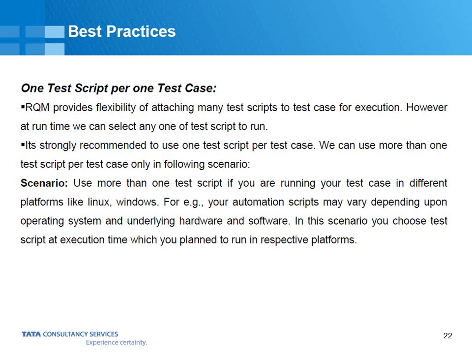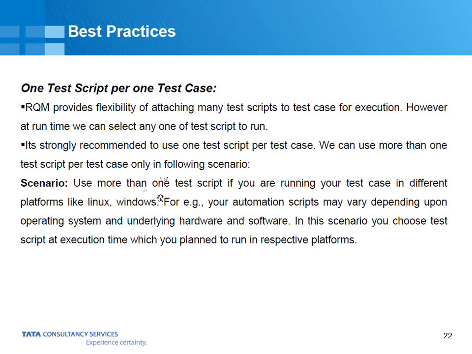One more point I would like to add here. The reason two different scripts exist is that your automation script may differ for Linux or Windows. In that case you would need two different scripts, and both should be attached to the same test case, because the test case is the same but your automation or manual scripts might differ.